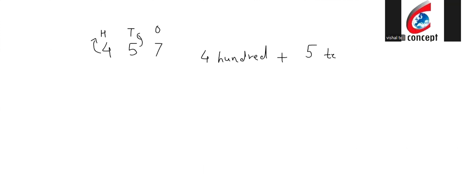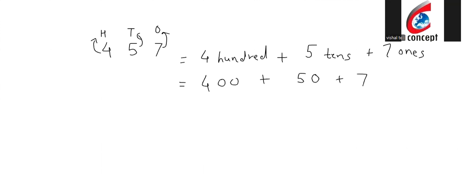And then ones, 7 ones, so plus 7 ones. So now 400 means 400. 5 tens means 50. And 7 ones means 7.